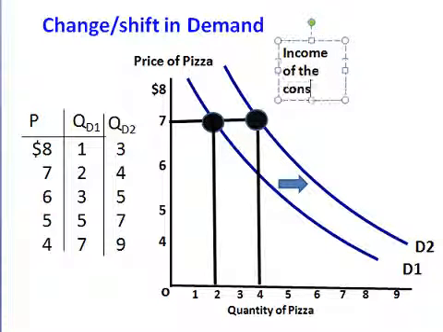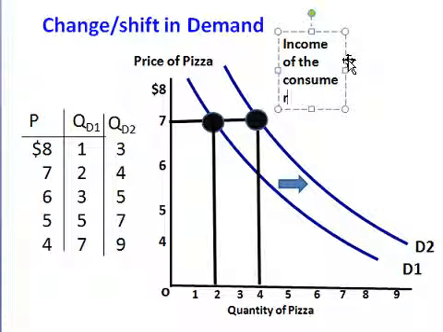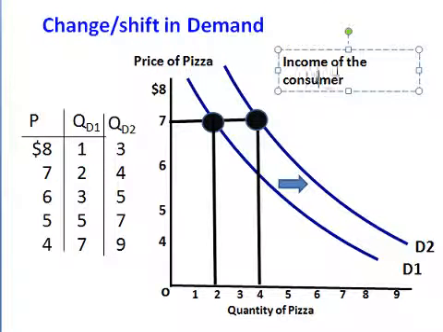Suppose the income of the consumer goes up. Suppose I take this one, $7. When the price is $7, this consumer buys two pizzas, and that is here. You can see $7, he buys two pizzas.